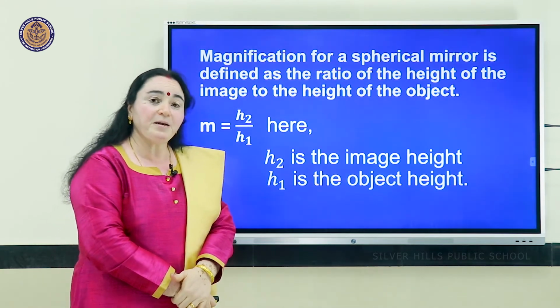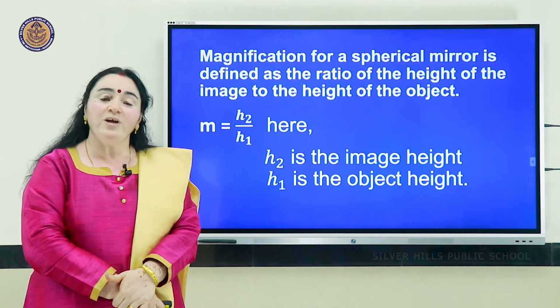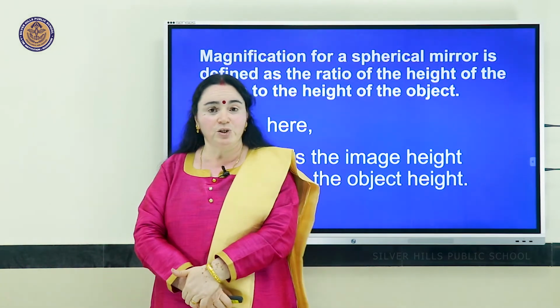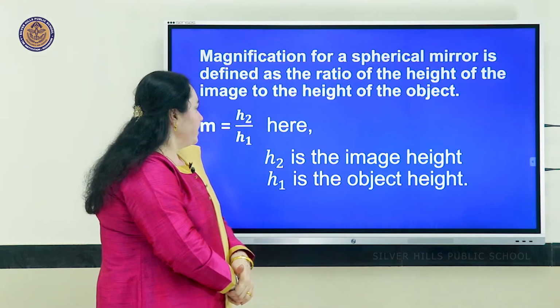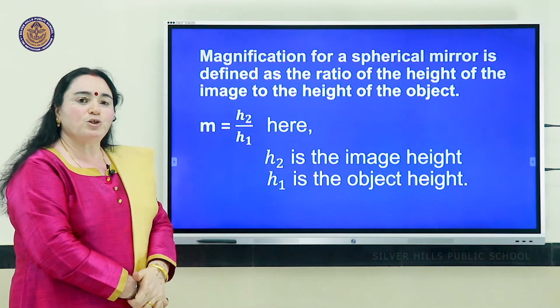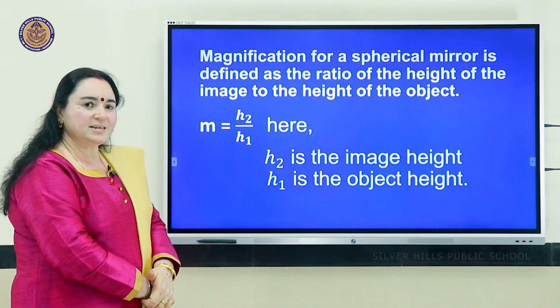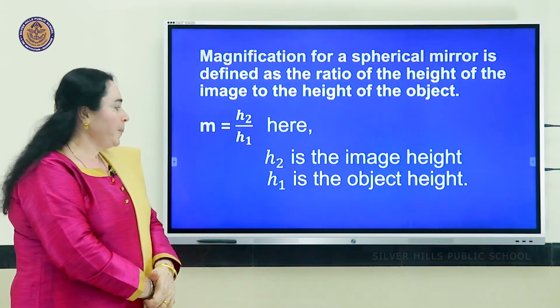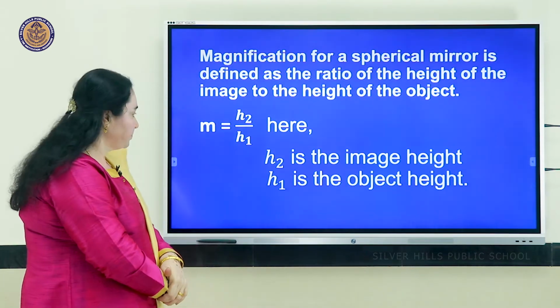Magnification for a spherical mirror is defined as the ratio of the height of the image to the height of the object. So, magnification m is equal to h2 by h1, where h2 is symbolized as the image height and h1 is defined as the object height.